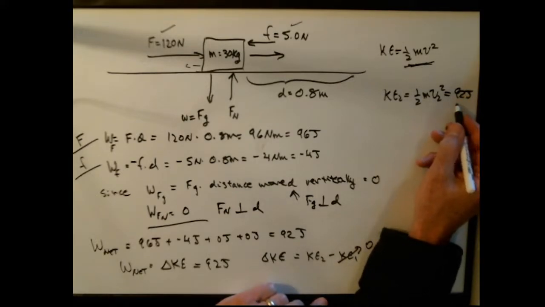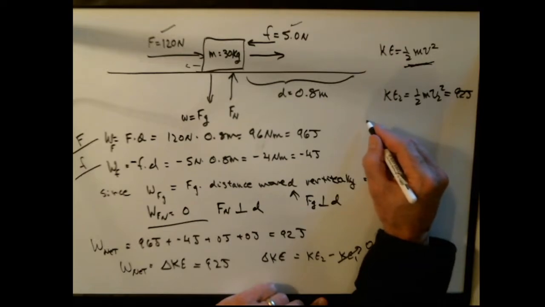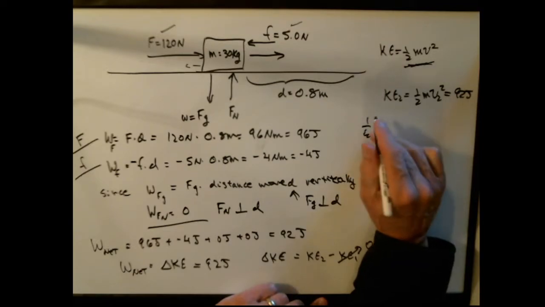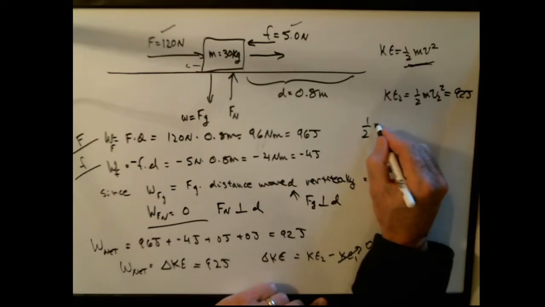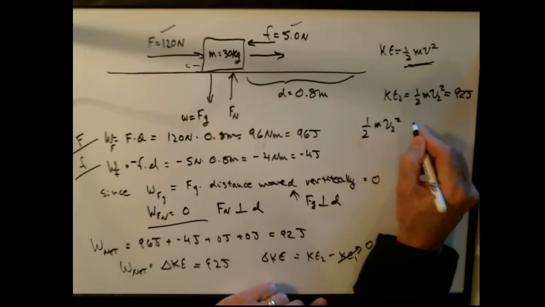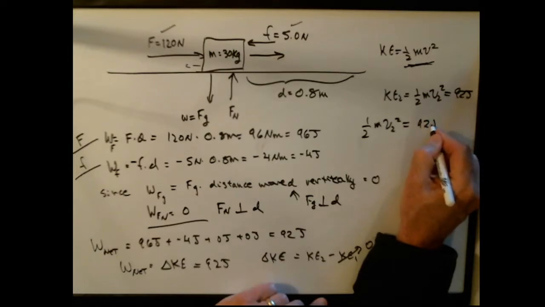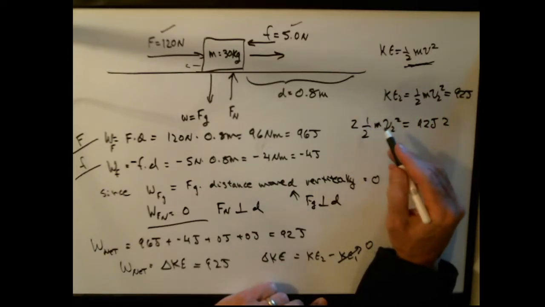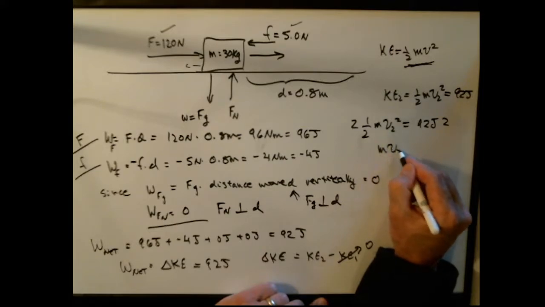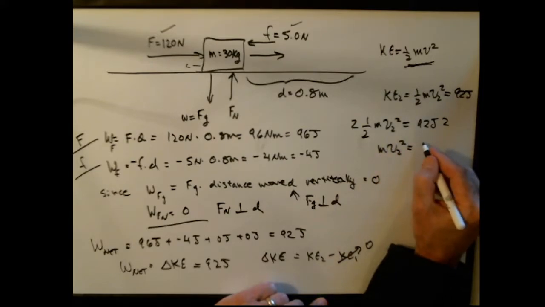Now I can just take this piece and try to solve it. 1/2 mv2 squared is equal to 92 joules. Then I can multiply both sides by 2, and the 2's cancel. I get mv2 squared is equal to 184 joules.